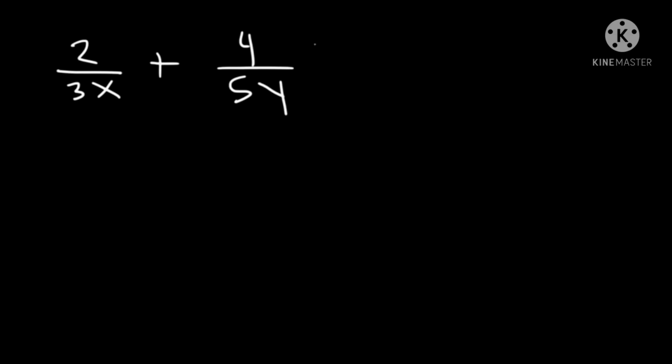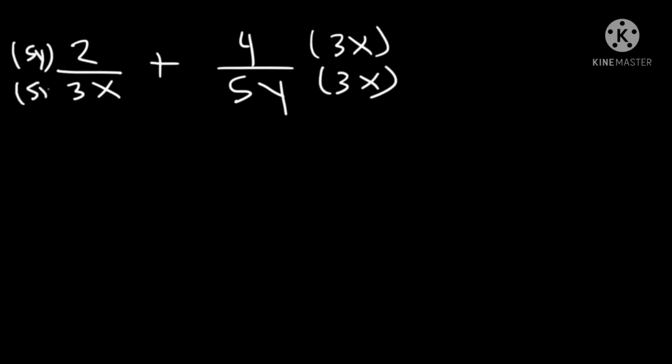Well, to illustrate it, let me give you an example problem. Let's say we have 2 over 3x plus 4 over 5y. How can we combine these two fractions into one single fraction? Well, we need to get common denominators first. So I'm going to multiply the second fraction by 3x over 3x, and the first one by 5y over 5y.